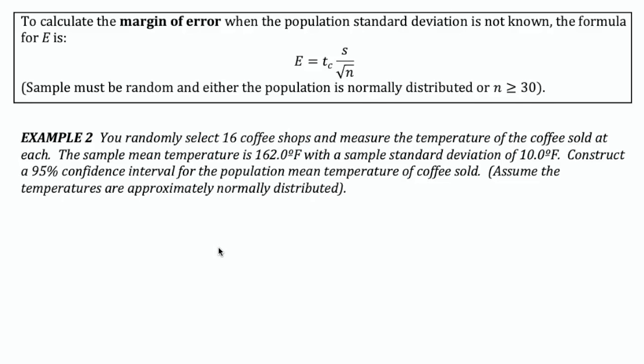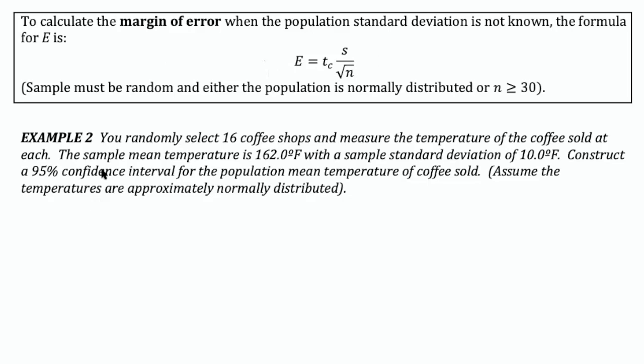So again, we're trying to take the results of a sample that we have and then generalize about the population mean. Now, we are told we can assume the temperatures are approximately normally distributed. And again, that's important here because we can't use our margin of error formula to help us get the confidence interval unless we know that.